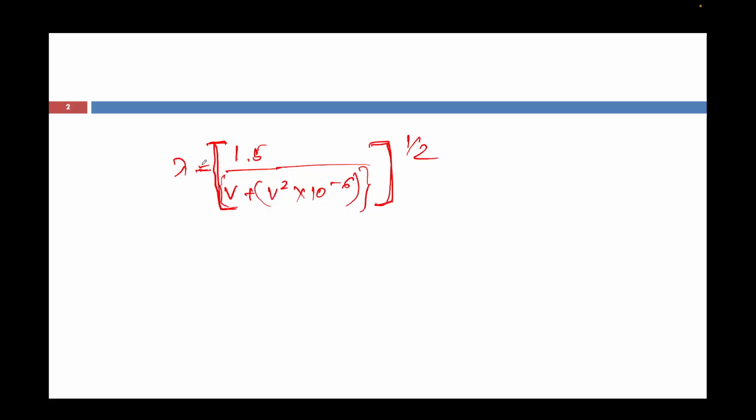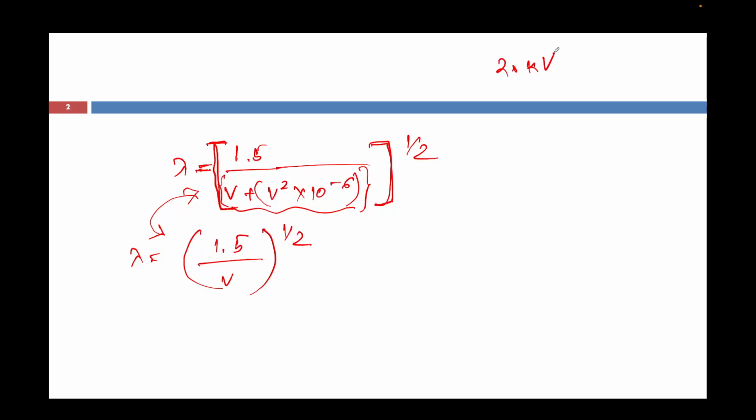But if you want to approximate the value of lambda without calculating this big value, you can simply put 1.5 divided by V. But in that case also, you have to take the square root of the entire expression, right? How can you convert it? Let's say I am talking about an accelerating potential of 20 kilovolt.